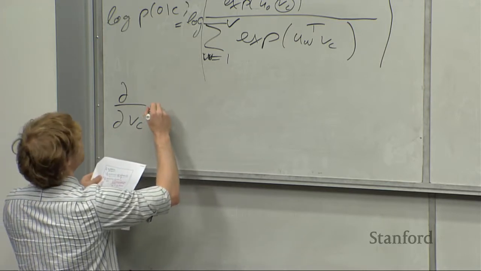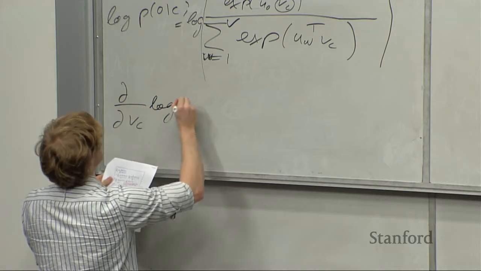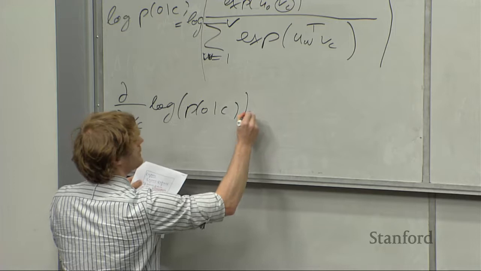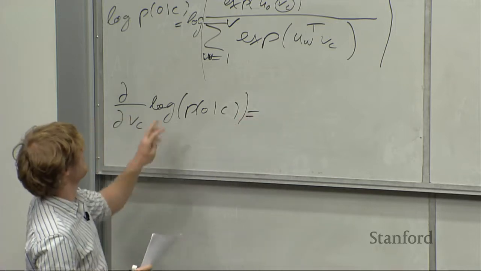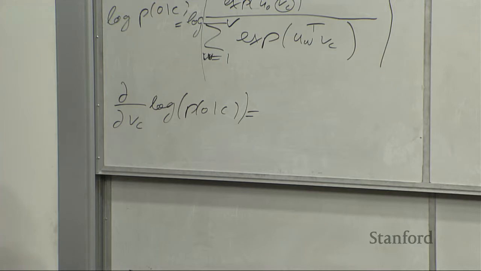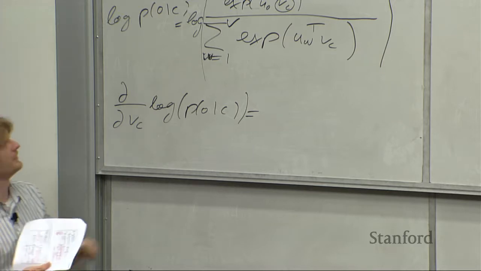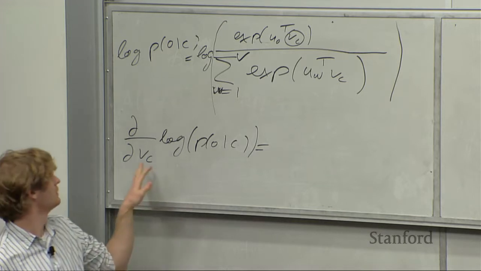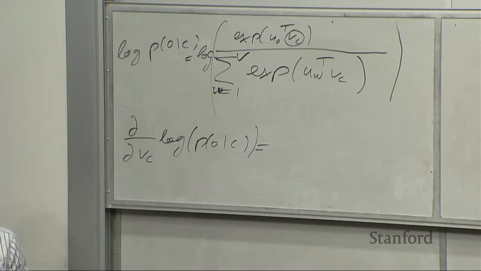Now, what could we do as a first step to simplify when we have a log of this fraction? And we want to get to our V_c vector. Yeah? Log of top minus log of bottom.